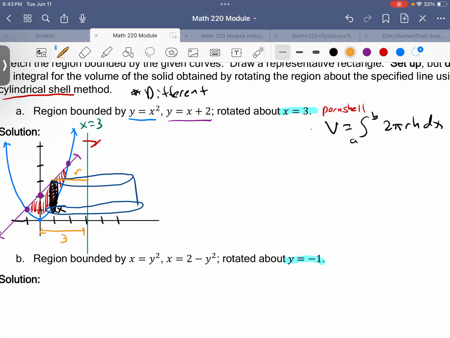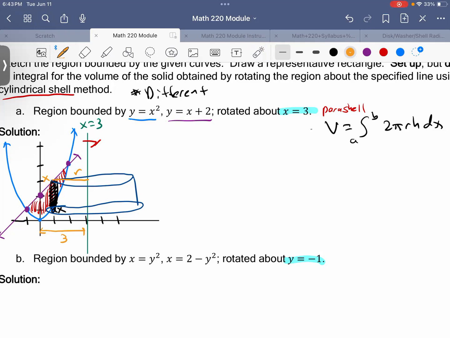And we're kind of missing this little bit of horizontal distance here. That distance will be some x. It always depends on whatever rectangle you choose.